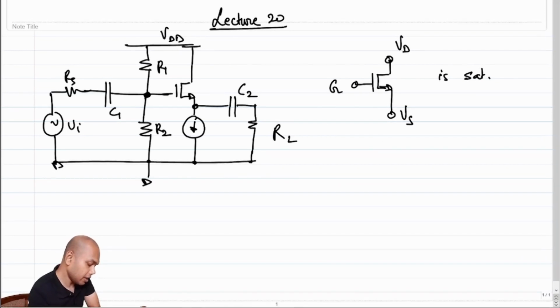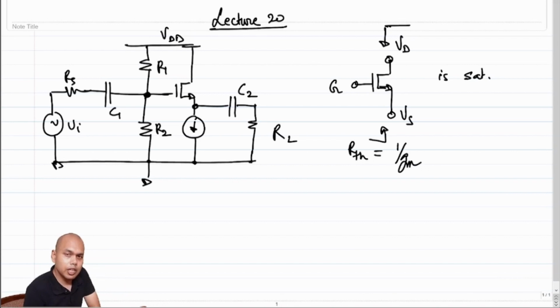The incremental resistance looking in, the RTH looking in, is equal to 1 over Gm of the transistor, and we also knew that the RTH looking into the drain of the transistor, when the transistor is biased in saturation, is equal to infinity, because its Y22 was 0 or its GDS was 0.